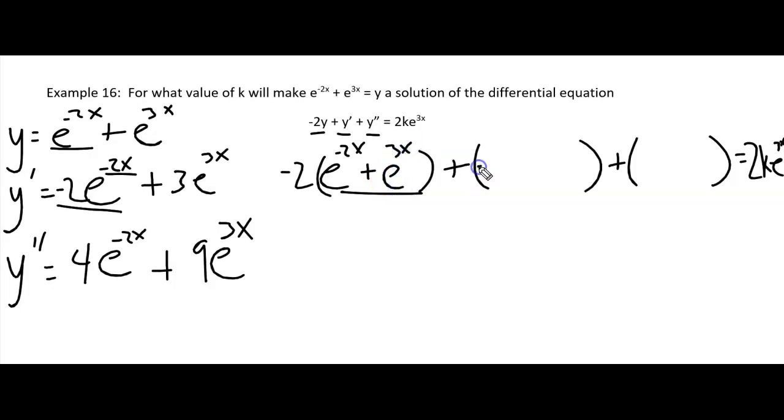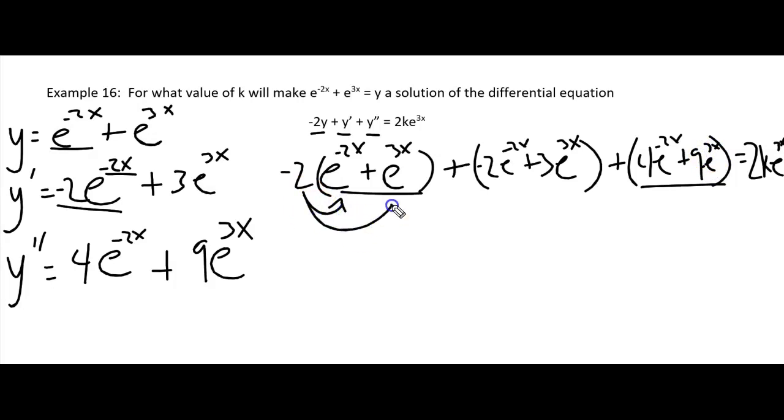Y prime is negative 2e to the negative 2x plus 3e to the 3x. And then y double prime goes here, which is 4e to the negative 2x plus 9e to the 3x. All right, so first we're going to distribute this in here.